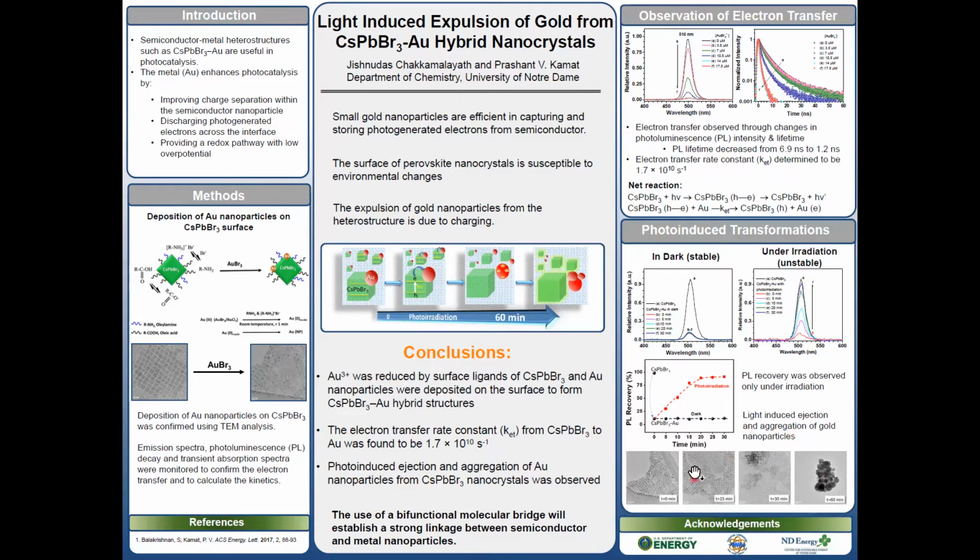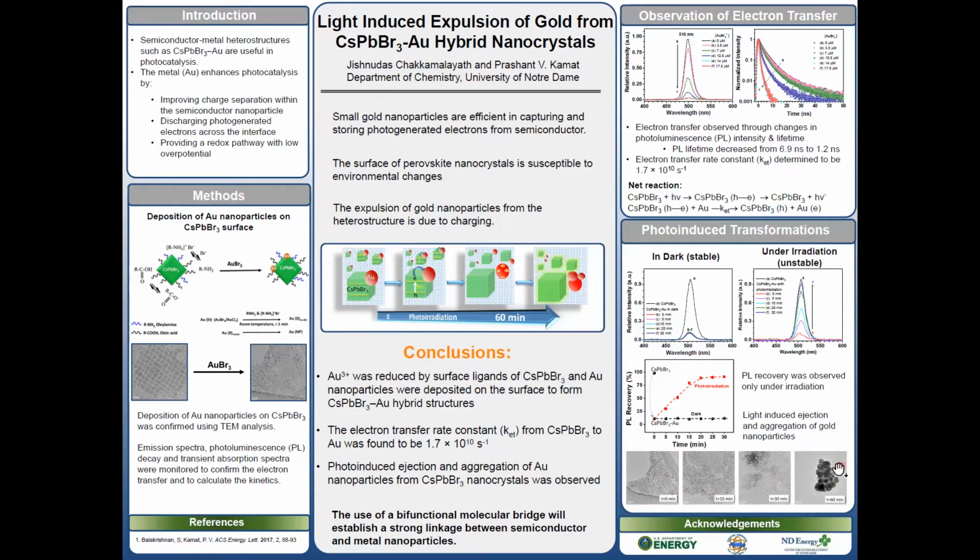This is when they are not subjected to radiation, at 0 minutes. But when they are subjected to irradiation, these small gold nanoparticles become detached, and they seem to form a network of clusters. With continued irradiation, the gold nanoparticle clusters grow into larger sizes, around 20 to 100 nanometers.